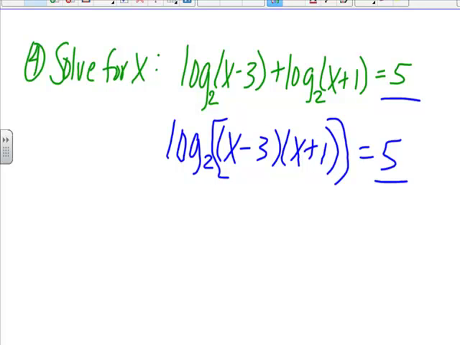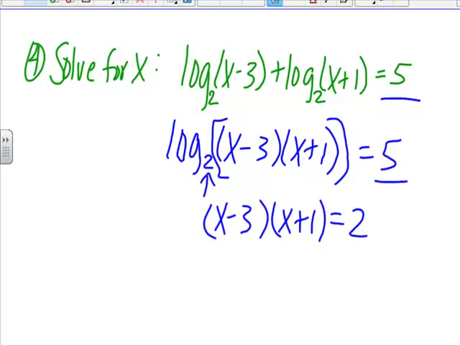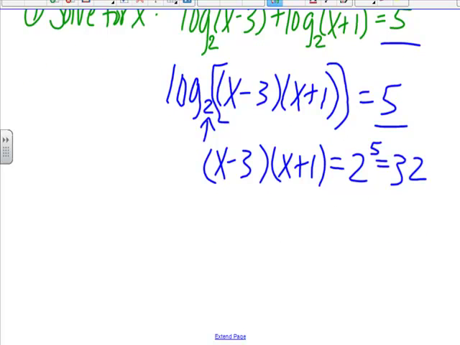So I'm going to remember that a logarithm is an exponent and this is my base. So that must mean x minus 3 times x plus 1 is equal to, going back into exponential form, 2 to the 5th power, which is actually 32.